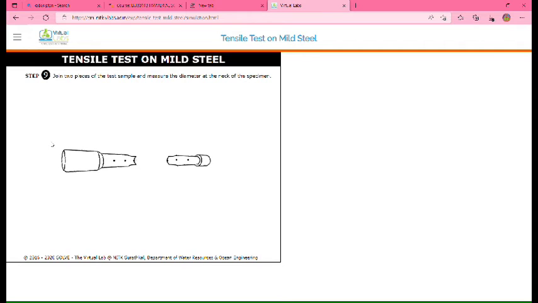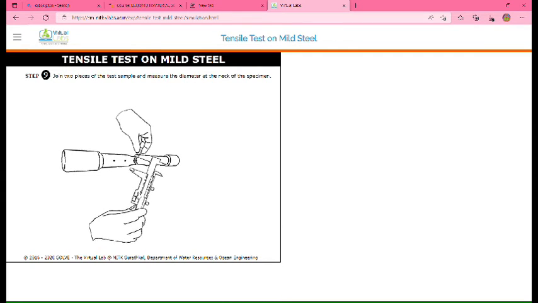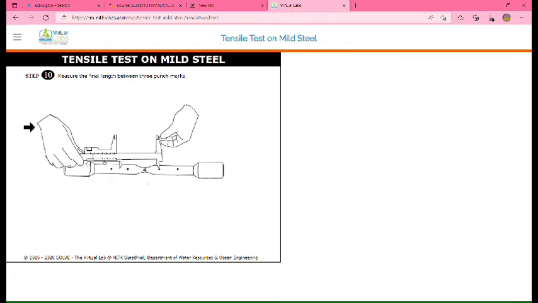And then for step 9, we join the two pieces of the test sample and measure the diameter at the neck on the specimen. And we got final diameter is equal to 8.83 millimeter.